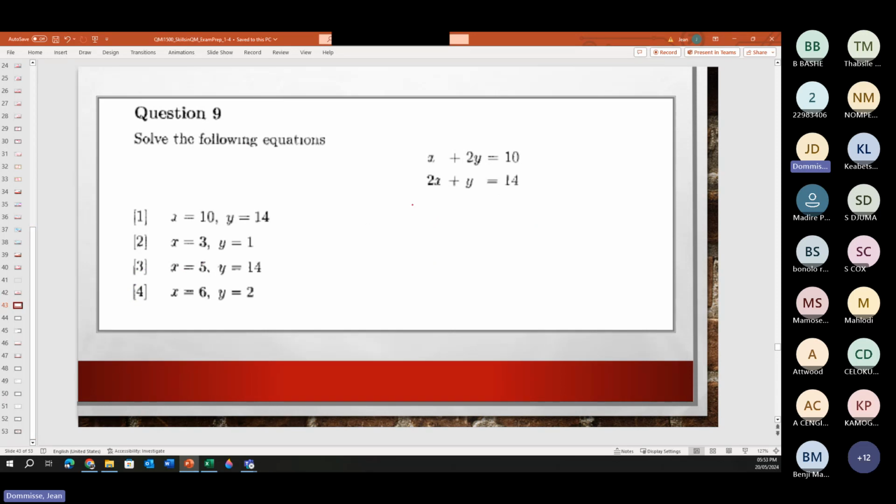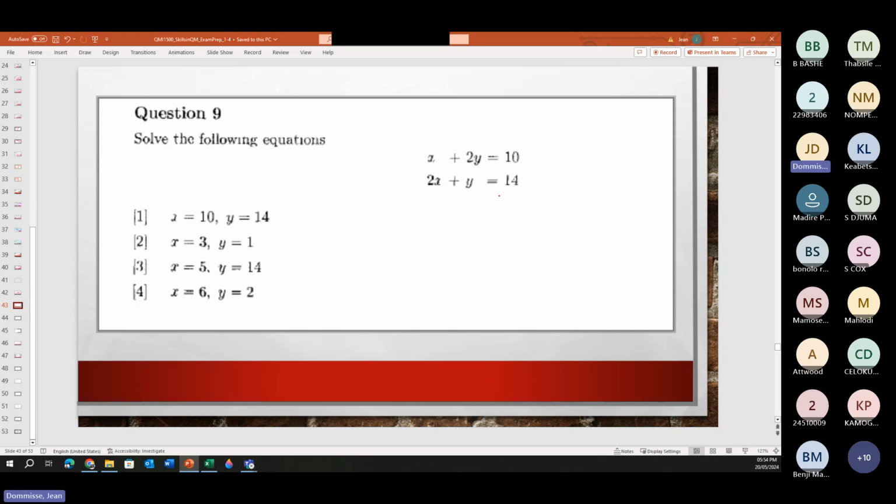Okay, simultaneous equations. So they want us to solve these two equations. There's a few ways that you can do it. Some of your calculators, you can put in the two formulas and work it out. Or you multiply something out and then you subtract the two.